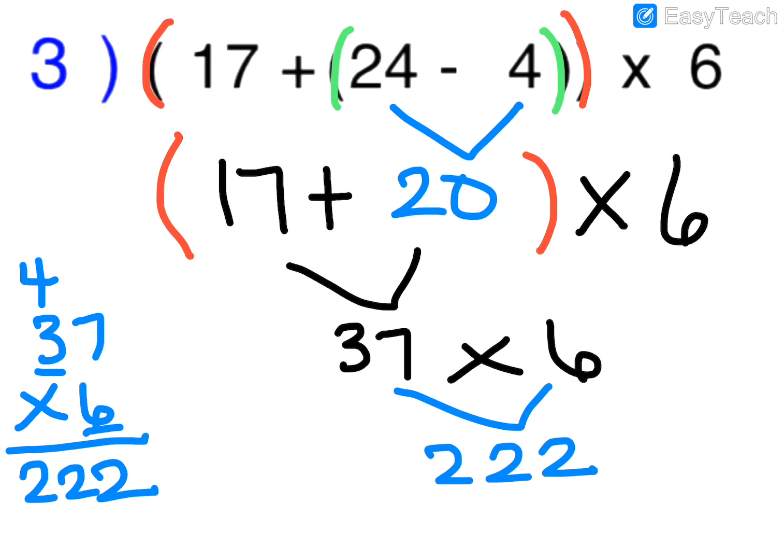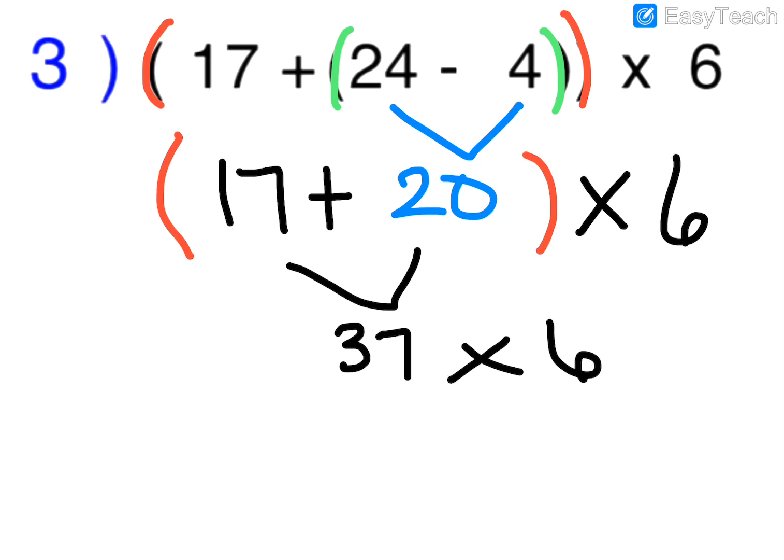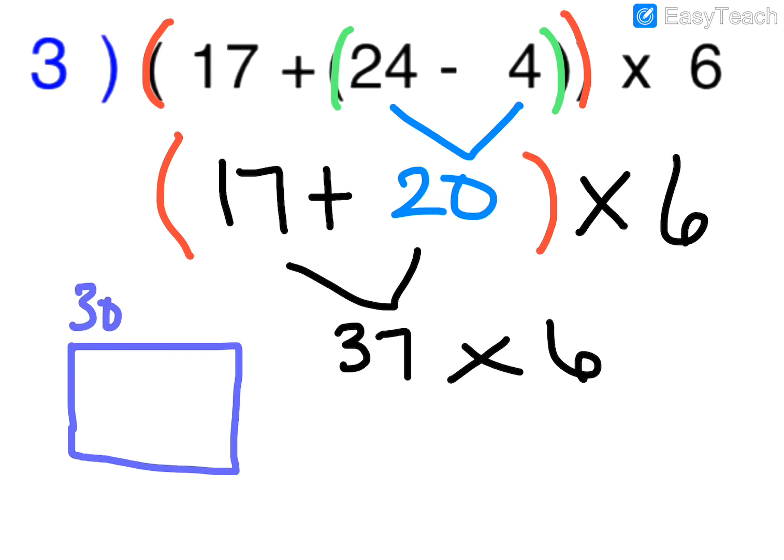And so I am going to go ahead and work this with partial products to the side, just for those of you who may have done 37 times 6 that way. And so we would have a partial product box for 30 plus 7 and 6. So 30 times 6, if you multiply the 6 and the 3, you would get 18 and attach the 0.